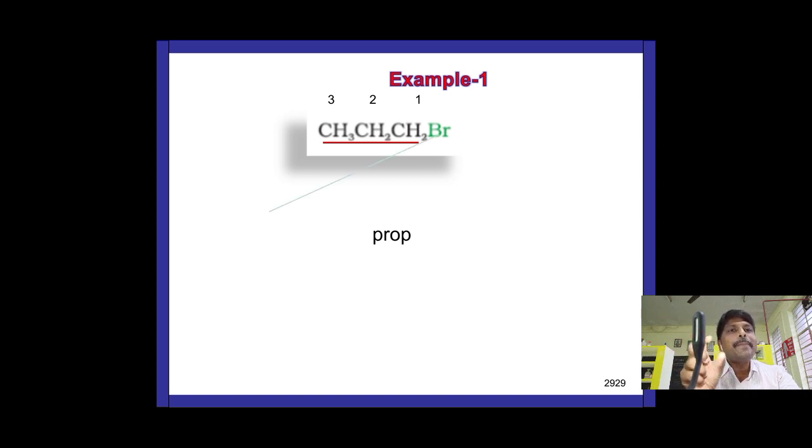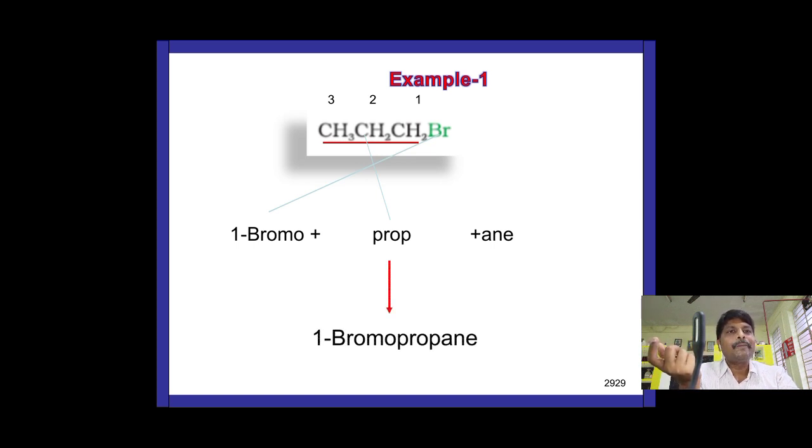Br. So the prefix is bromo. Bromine is present at the first carbon. So the name is 1-bromopropane, because there is no double bond and no triple bond, only saturated. The IUPAC name is 1-bromopropane.